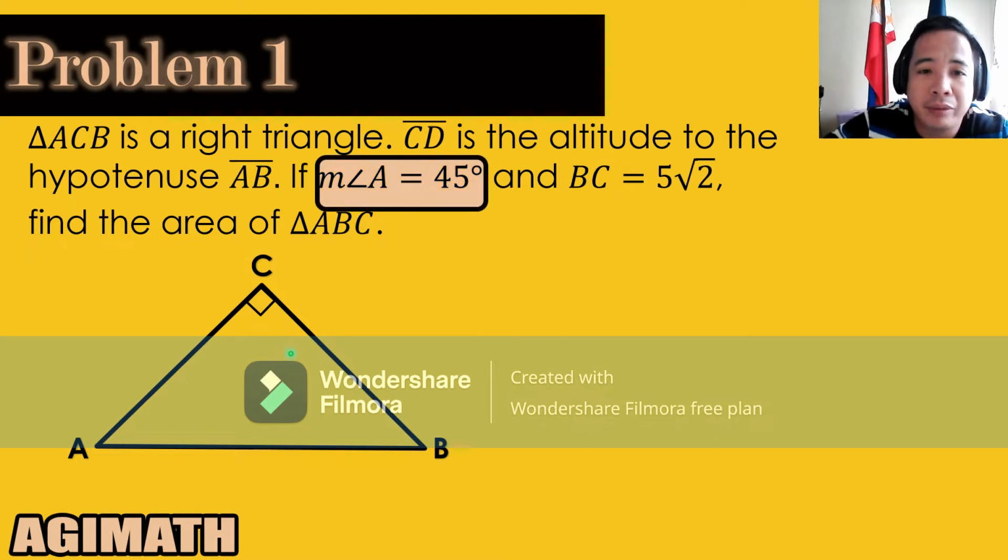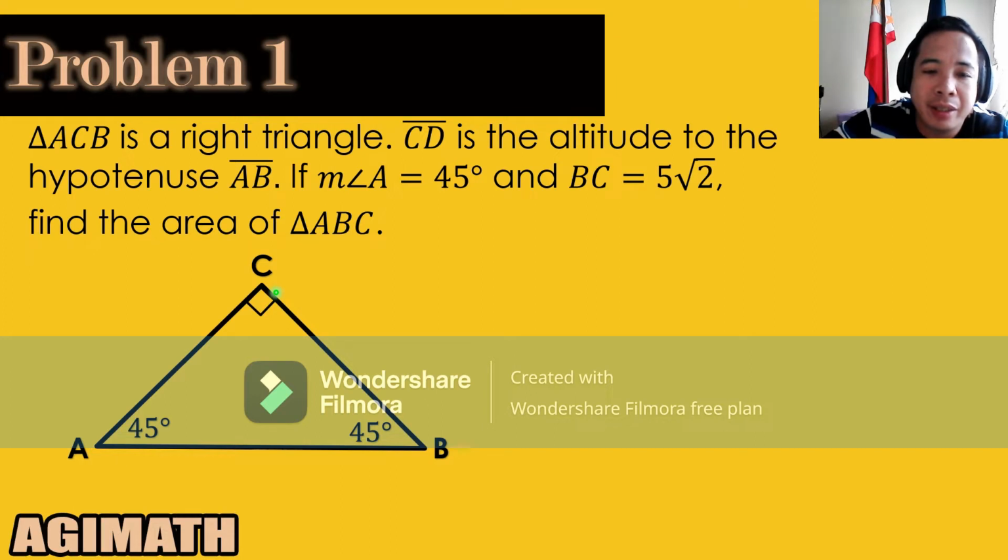Next, if the measure of angle A is equal to 45 degrees, meaning this angle measures 45 degrees, then it will also follow that the measure of angle B is also 45 degrees. Why? Because if angle C is a right angle, then it measures 90 degrees. And we know that in a triangle, the sum of the measures of the angles is equal to 180 degrees.